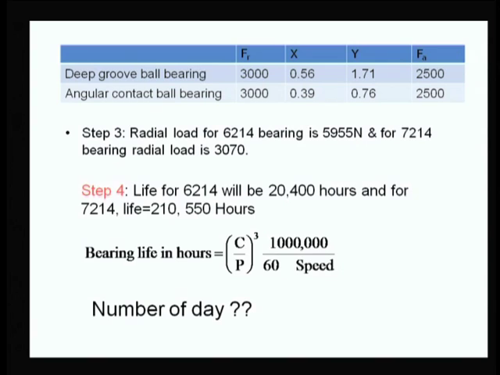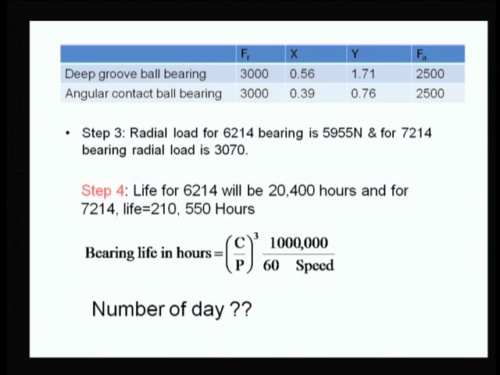As I mentioned earlier, the deep groove ball bearing is easily available, and designers often choose it, but slightly more consideration and calculation indicates that it is not the right choice. The right choice will be angular contact ball bearings, a much better option compared to the deep groove ball bearing.